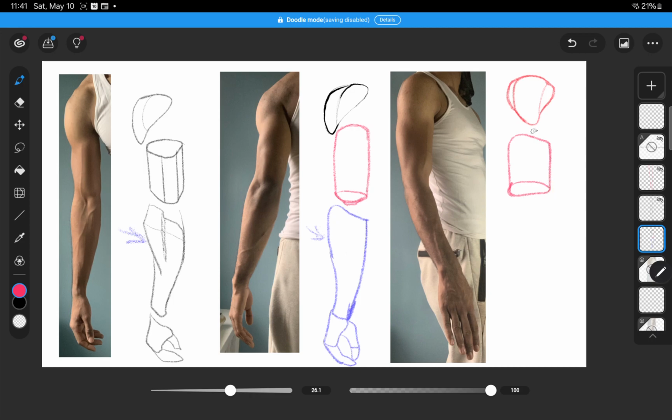You're seeing things in 3D, unless you're drawing scribbles and abstract art. But yeah, I'm seeing the bicep plane a little bit over here, right there. So I'm gonna capture that.